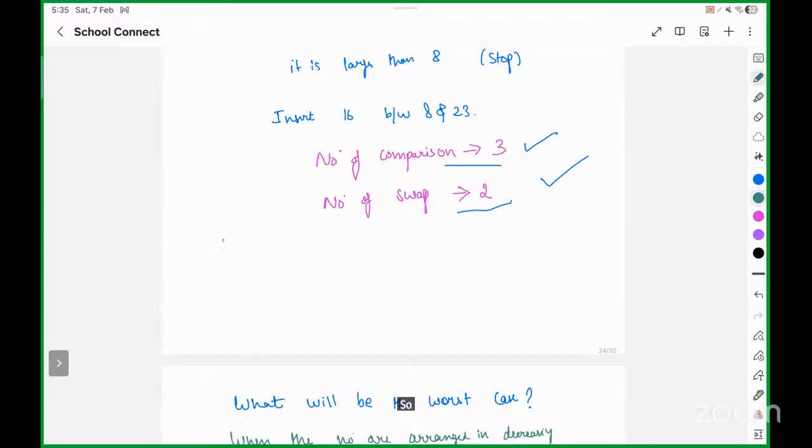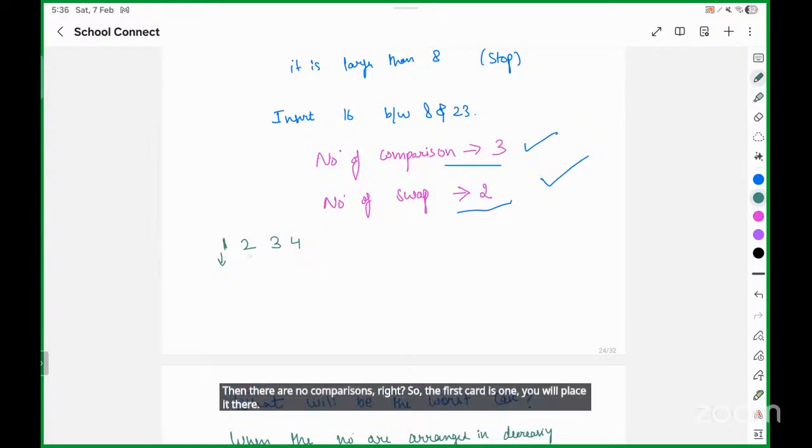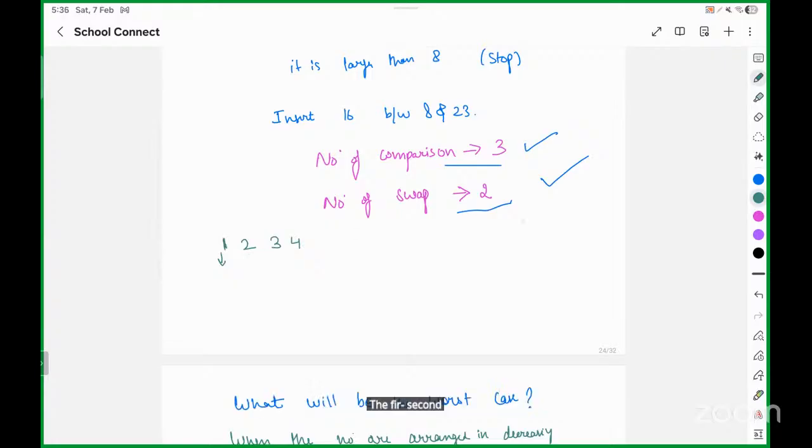If I give you 1, 2, 3, 4, then there are no swaps, right? The number of comparisons is still 4 in this case. This is the least you can do.